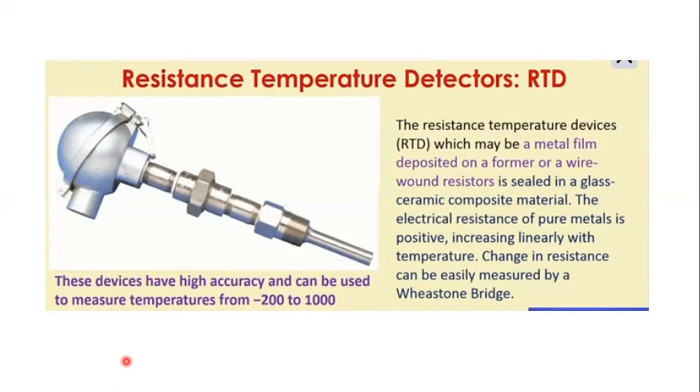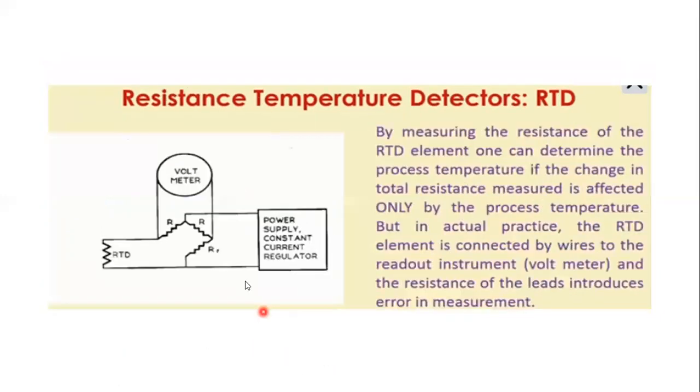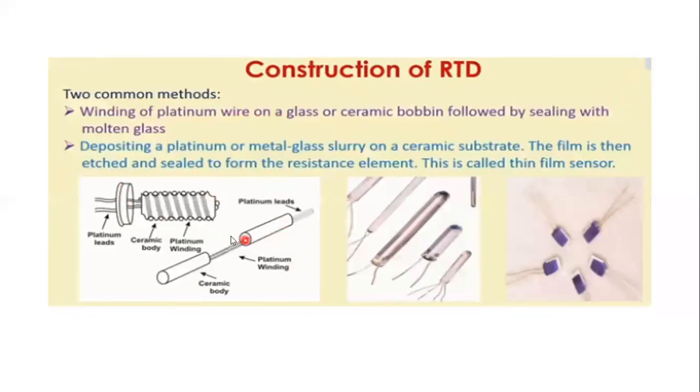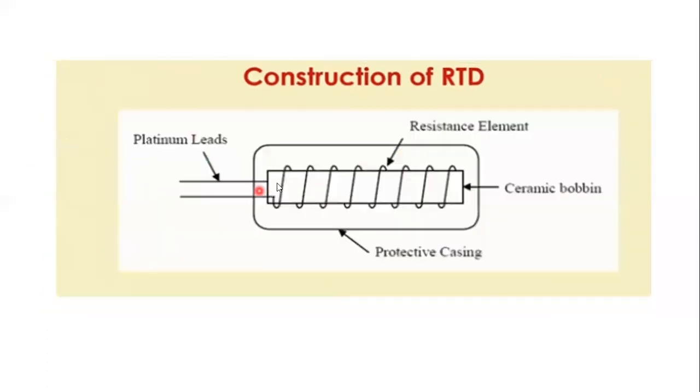Now I will explain the construction of this RTD. You can see the construction of RTD, in which a wire of metal is wound on a grooved hollow insulating ceramic former, and which is covered with a protective cement.